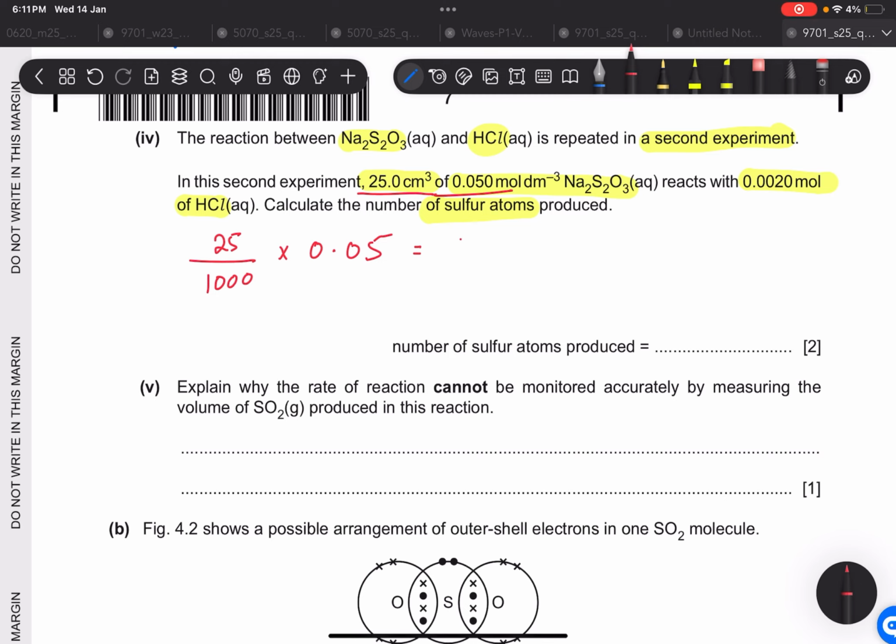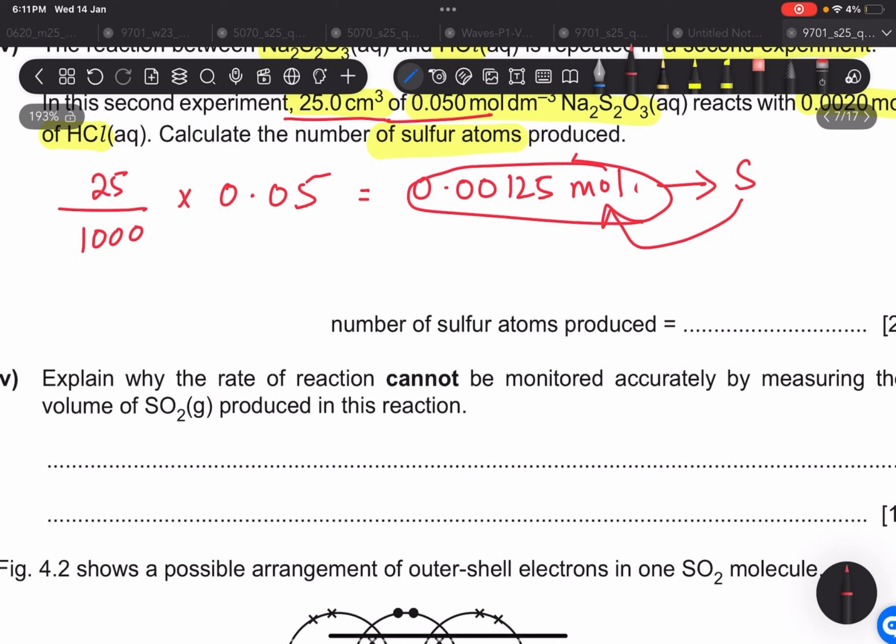That gives 0.00125. Only moles will come, not dm cube, because we're dealing with the moles. We have found out the moles. Now we know these are the same number of moles of sulfur, and in these many moles of sulfur, how many sulfur atoms are we going to have? In 1 mole of anything, we have Avogadro's constant number of atoms, 6.02 into 10 exponent 23.